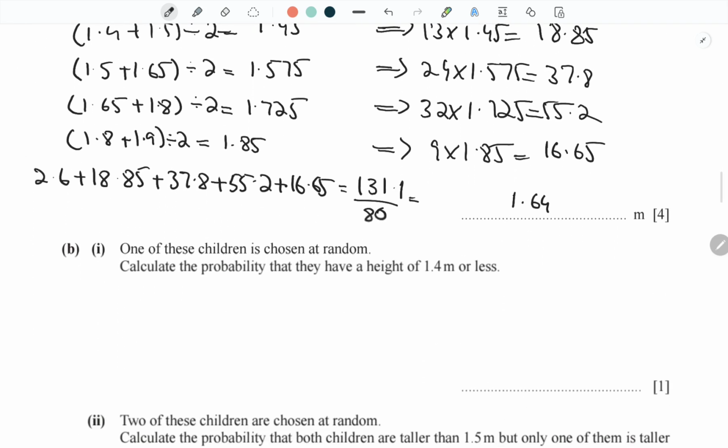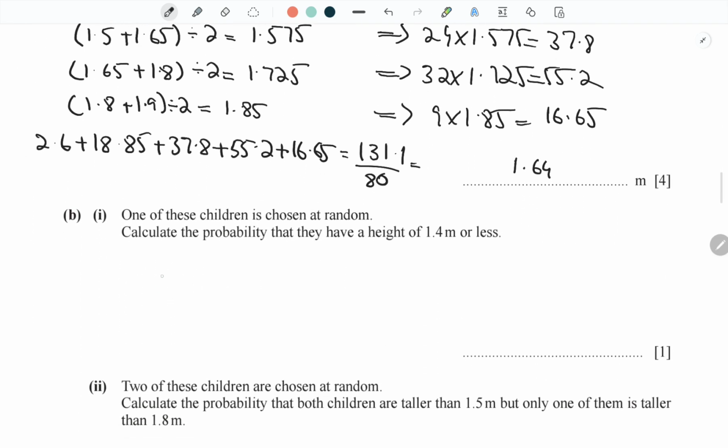Since it is random, we take the frequency over the total. So 2 over 80, that means 1 over 40, which equals 0.025.